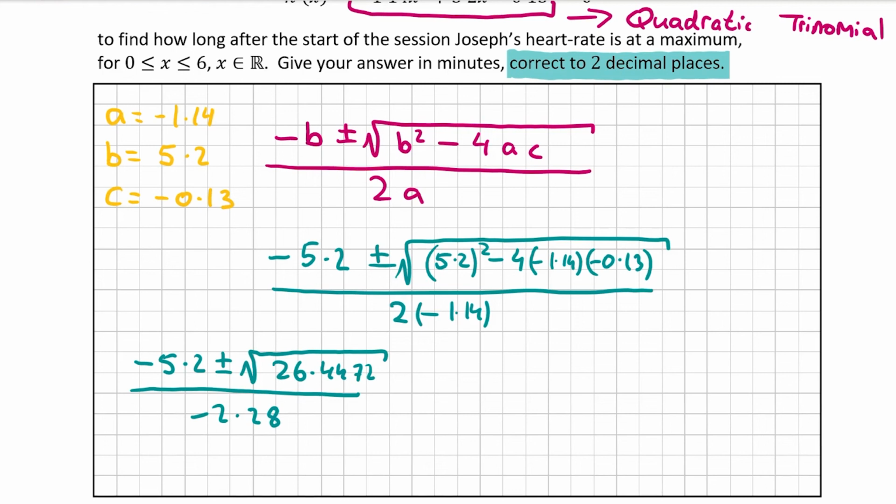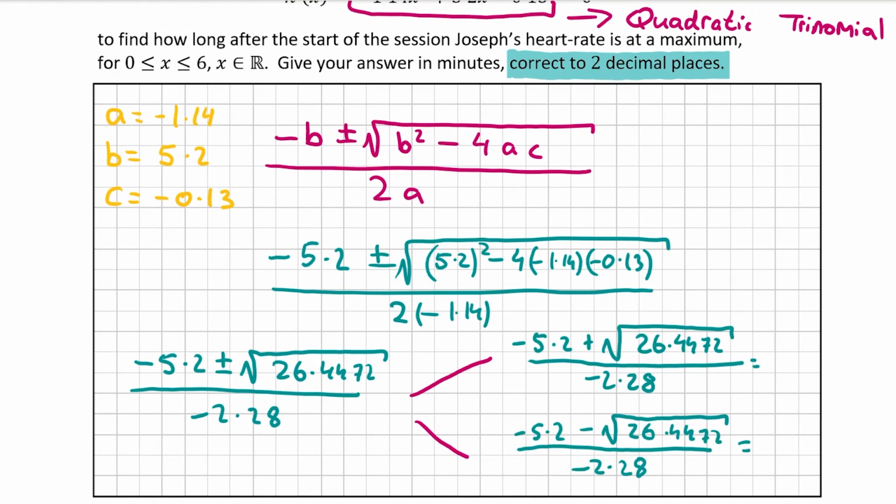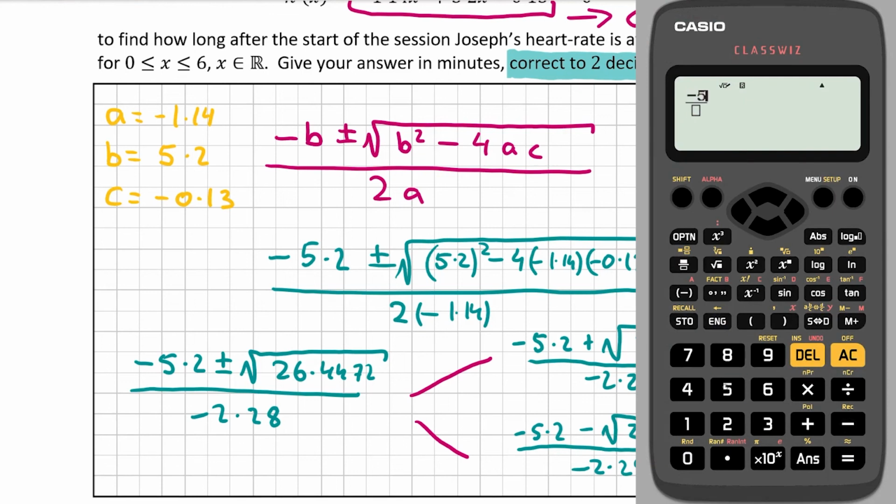Now we're going to split this up into the positive and the negative, a plus sign here and a minus sign here, and pop both separately into our calculators. The first answer, the one with the plus, is 0.025138.5, so to 2 decimal places that would be 0.03.